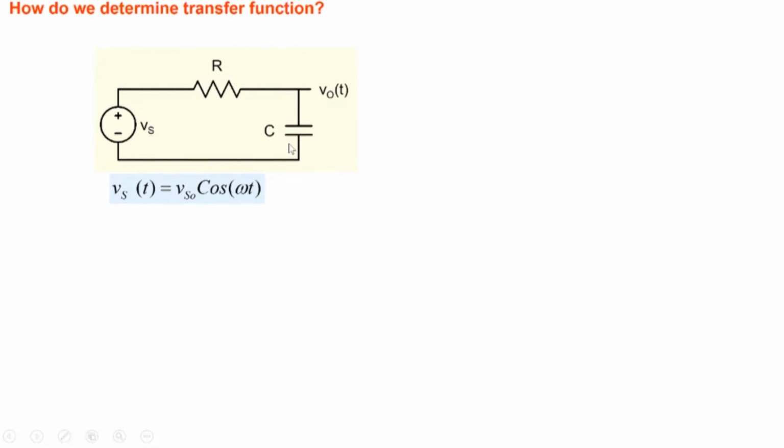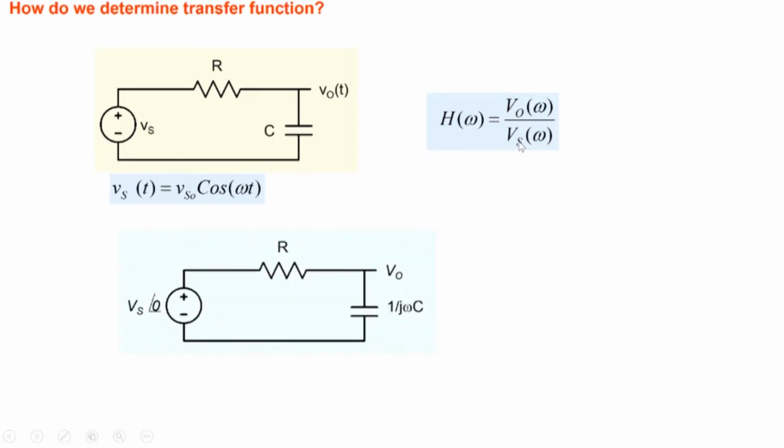Anyway, how do we determine the transfer function? We said the transfer function will provide us insight into the nature of the system. So let's say we have an RC circuit like this and we want to find its transfer function, that is, how the output responds to the input. It's all about sinusoidal analysis. The input is Vs(t) = Vs0 cos(omega t), and the transfer function is nothing but the phasor output voltage Vo divided by the phasor input voltage Vs as a function of omega.